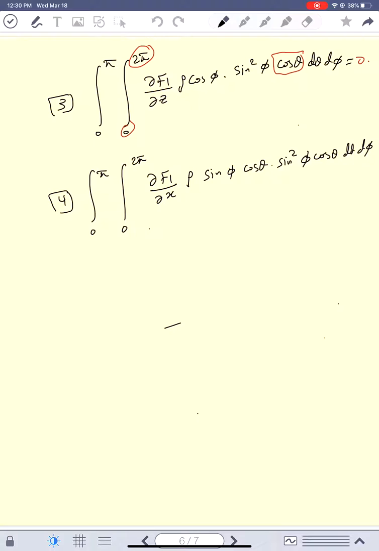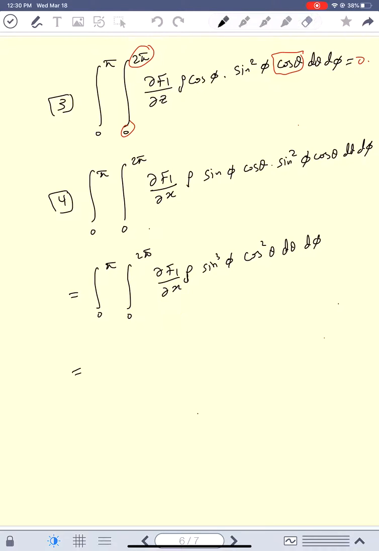Now if you look at this, this will be 0 to pi, 0 to 2 pi. Of course this one is constant, the rho is constant. Sine cube phi cosine square theta d phi.